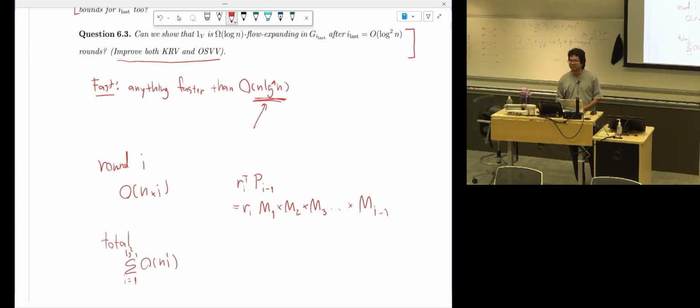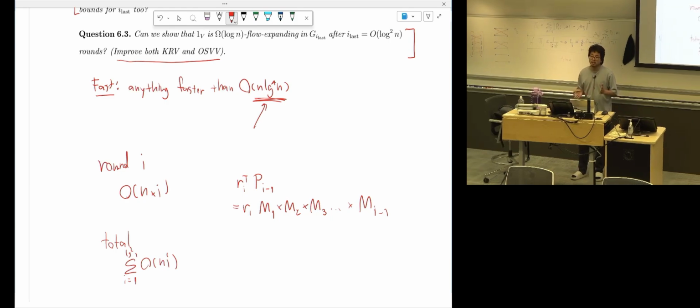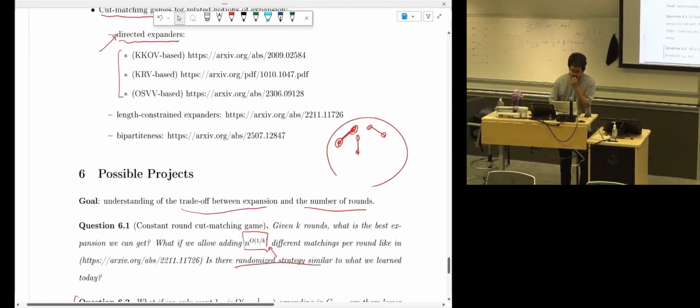More questions? I have a question about that. You were saying we need at least log n rounds to make it connected. Doesn't that give a lower bound of log n, as long as you add one matching per round? But isn't the current best square root log n? So I'm now confused. Good point.